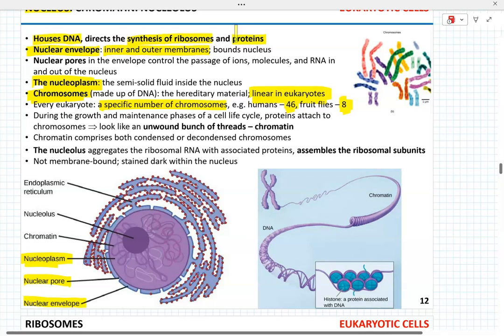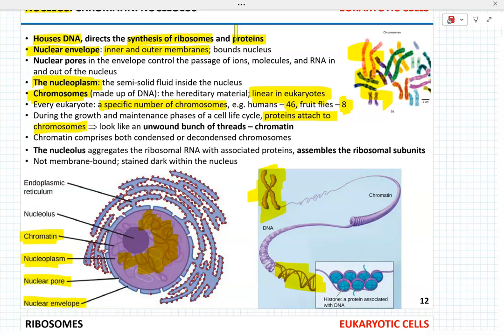When the cell grows and during the life cycle, proteins are attached to the chromosomes and they make chromosomes look like an unwound bunch of threads, shown here, called chromatin. Chromatin consists of both uncondensed, like this, and condensed, like this, chromosomes.